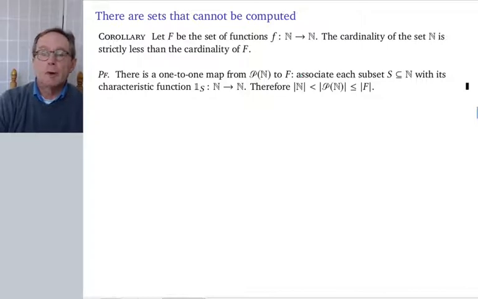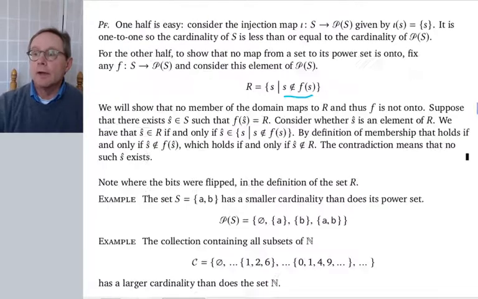So, for example, from the prior slide, when you had the set {1, 2, 6}, the characteristic function of that is the function that maps 0 to 0, maps 1 to 1, maps 2 to 1, maps 3 to 0, maps 4 to 0, maps 5 to 0, maps 6 to 1. In other words, it only returns 1 when you're an element of the set. That's the characteristic function. So we're going to associate each set with its characteristic function.